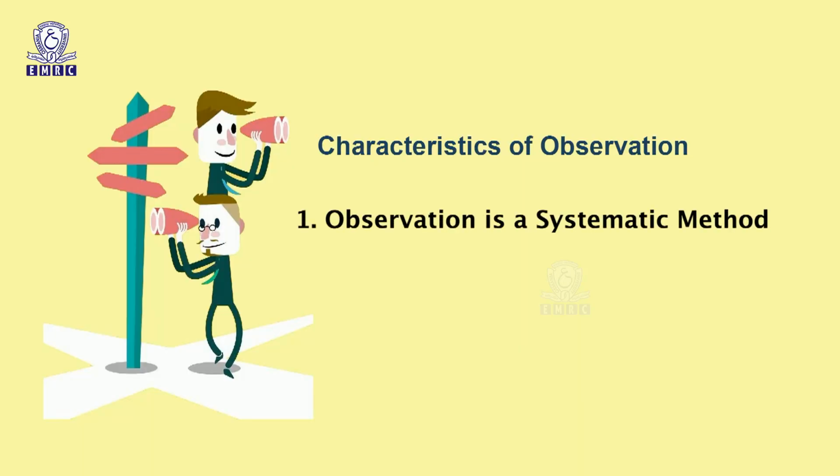Now, what are the characteristics of observation? Observation becomes scientific only when it follows certain characteristics. The first one is that observation is a systematic method, which means that observation is not haphazard or unplanned.